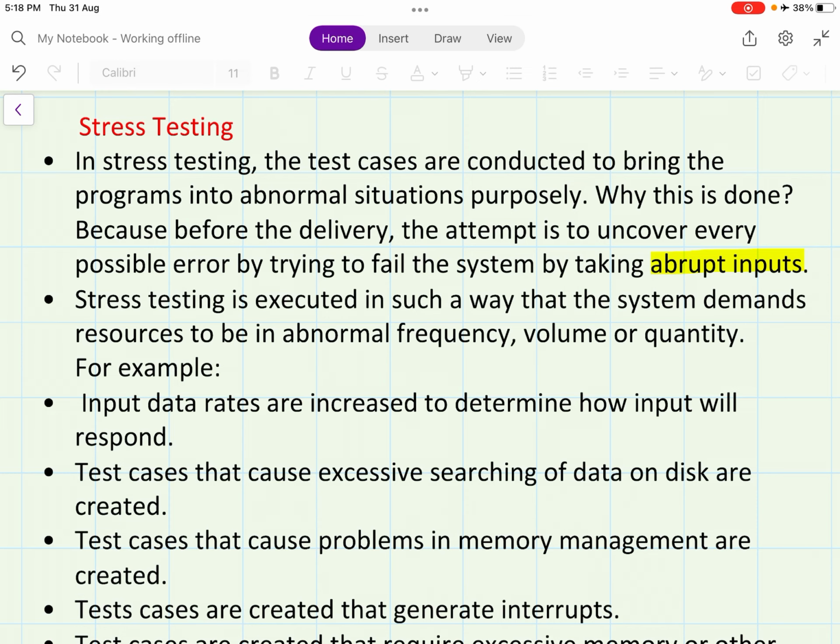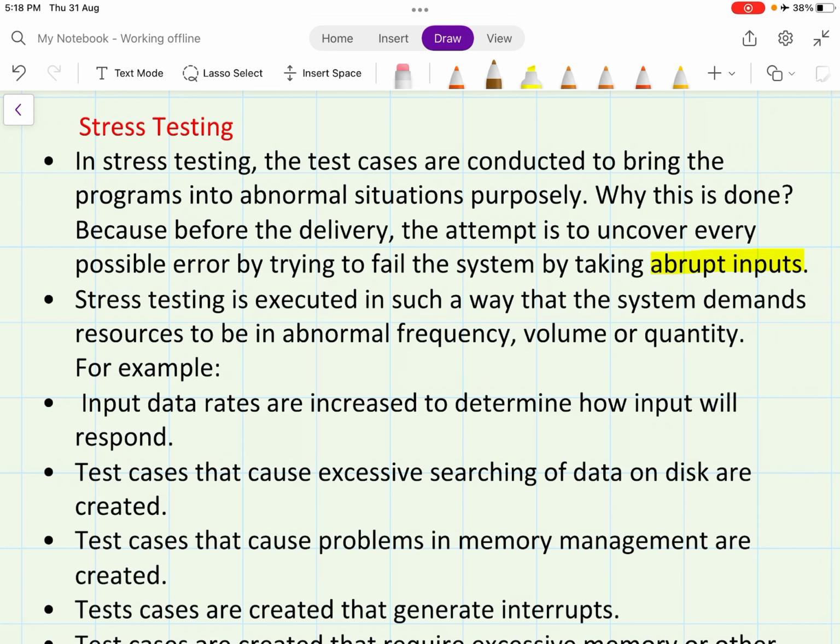So for example, there is calculation software and a child, suppose, writes 2 divided by 0. Now we know that 2 divided by 0 is not a defined function, it's not a defined output, but that child is doing this kind of mischievous behavior. So the system will check all these abrupt inputs also.